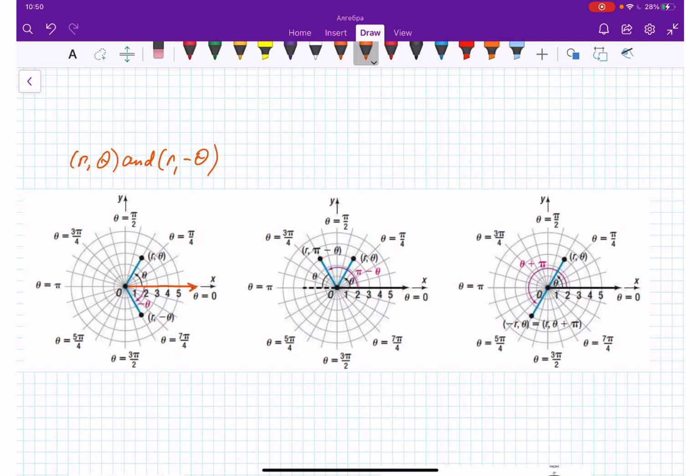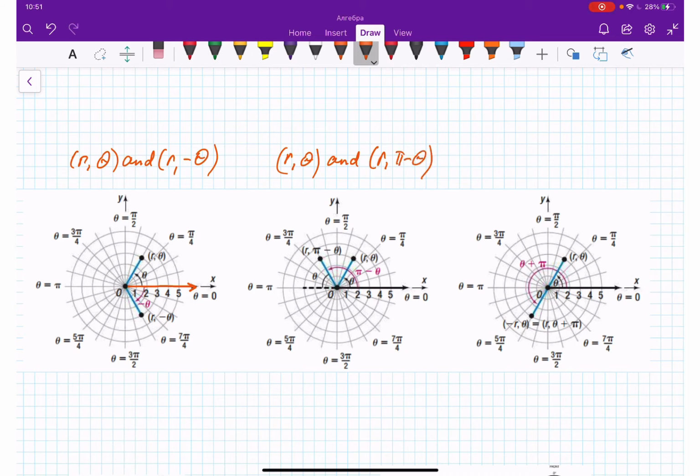The second case of symmetry is when we have points with coordinates (r, theta) and (r, pi minus theta).